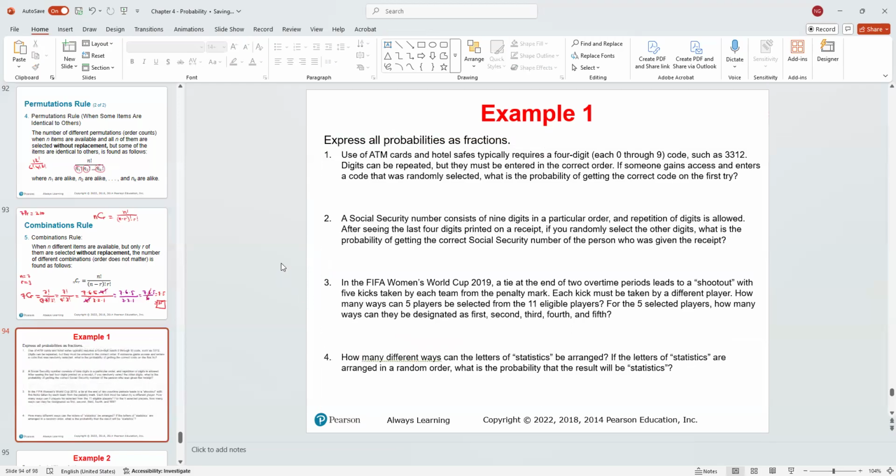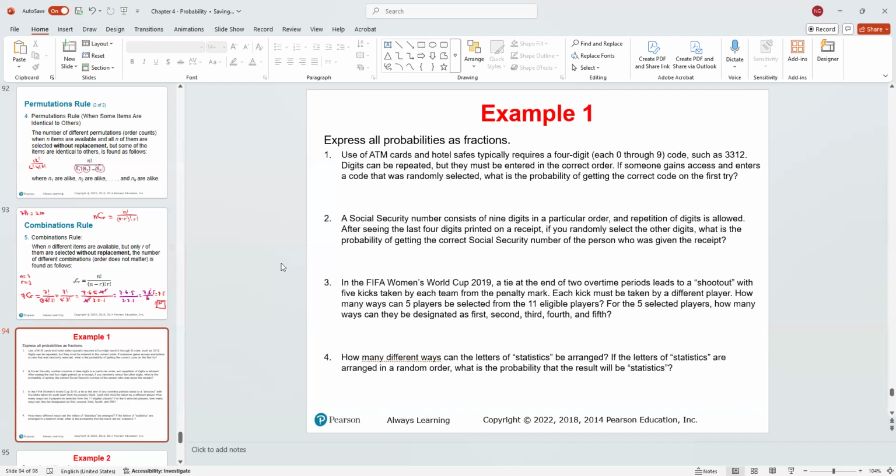For number 1, it said that ATM cards and hotel safes typically require 4 digits. Usually we do a 4-digit code, right?